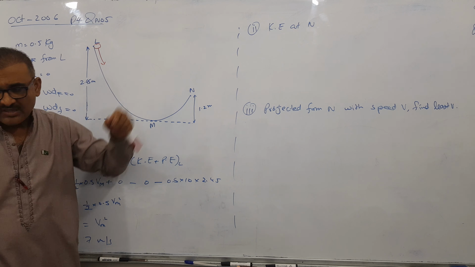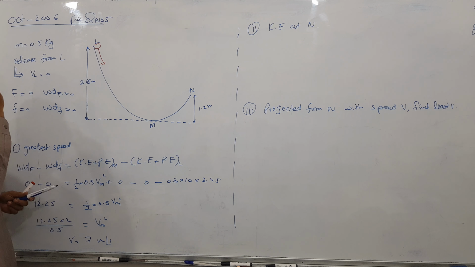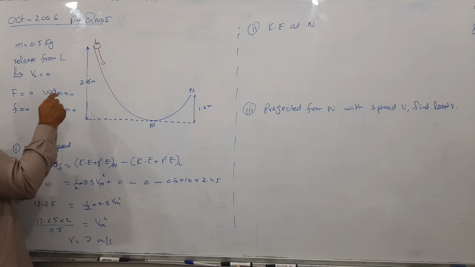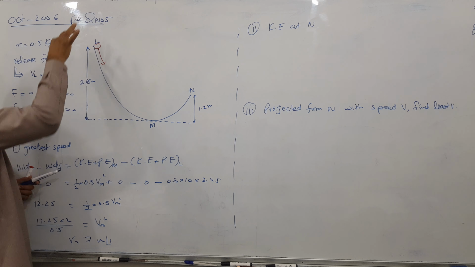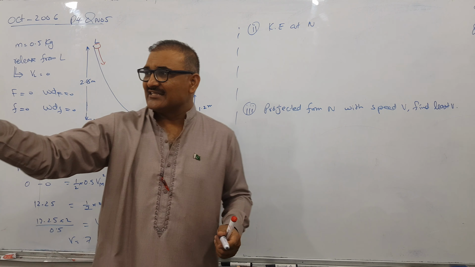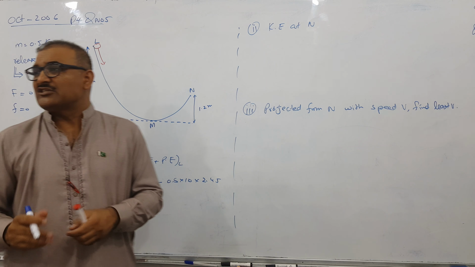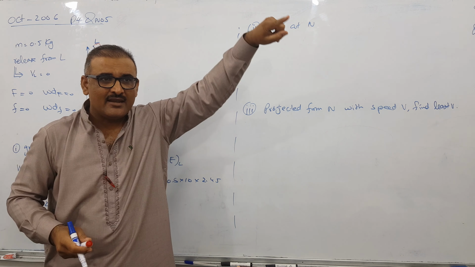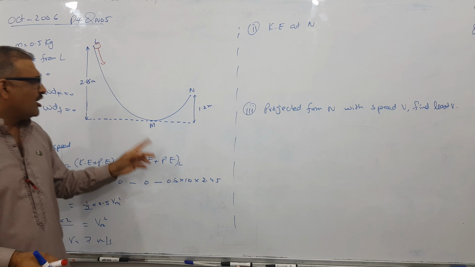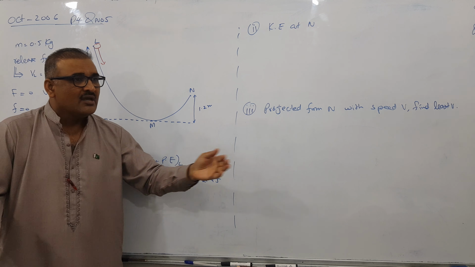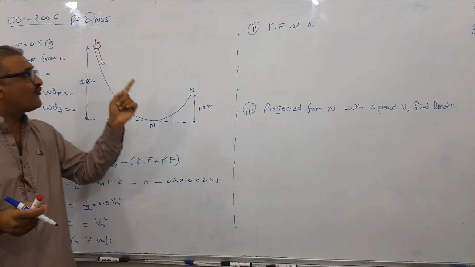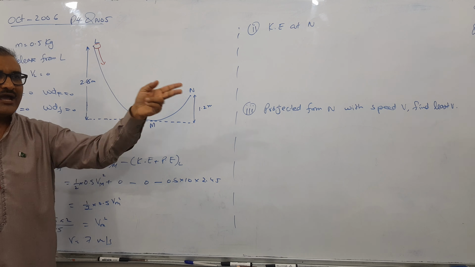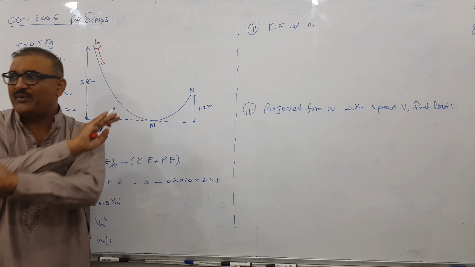Let's go to this one. He's asking for kinetic energy at N. Let's see what happens now. Here you have two plans. For example, one student planned L to N, starting from L, ending N. One boy said, no sir, I want to start from M to N. No problem. If you apply the magic formula from L to N, or M to N, both are perfect.